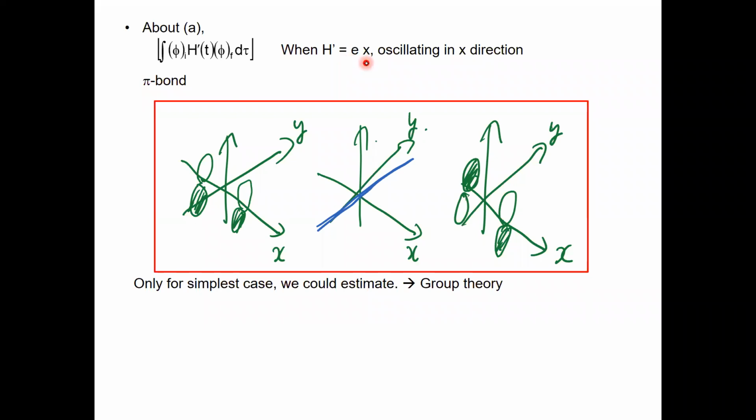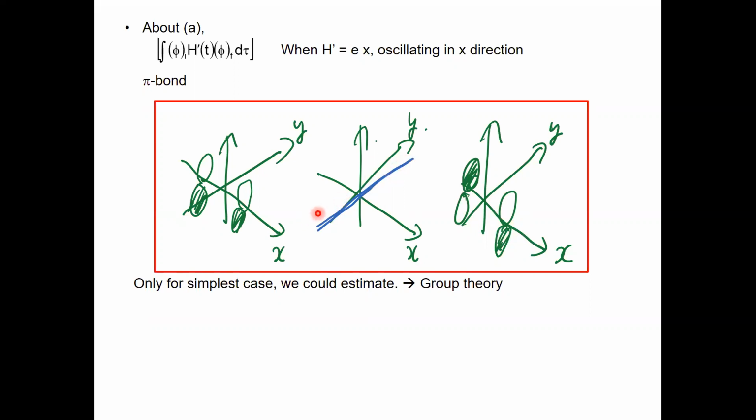So let's think about a simple example for the pi bond case. Here's the pi bond of p orbitals aligned in the x direction like this. And as a final state, we think about the anti-bonding orbital aligned in the x direction like this. And then we think about the polarized light in the x direction.